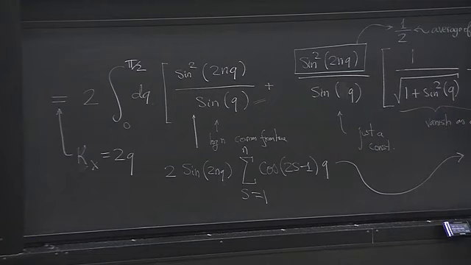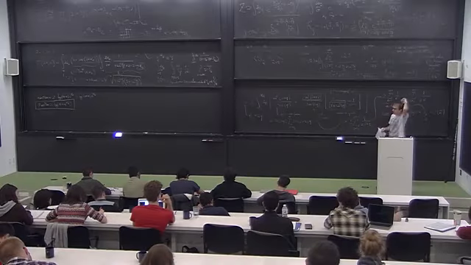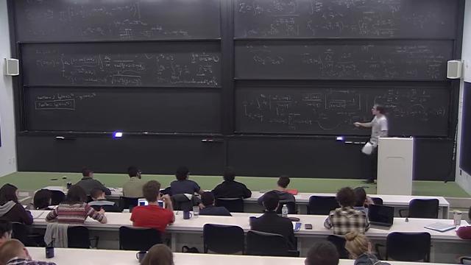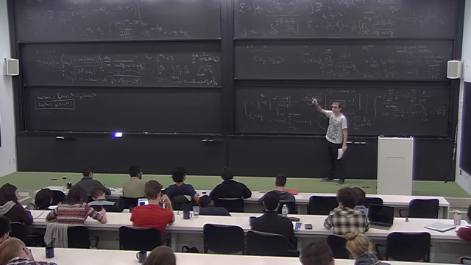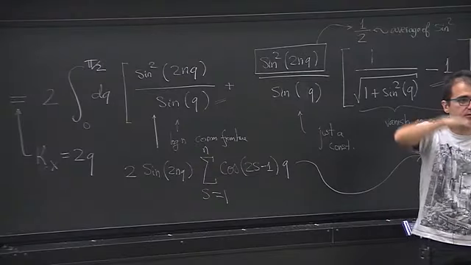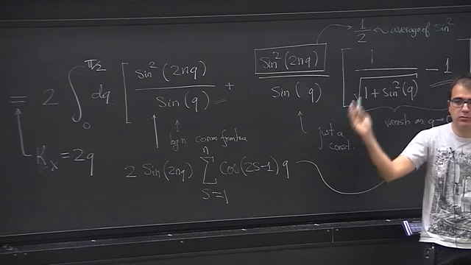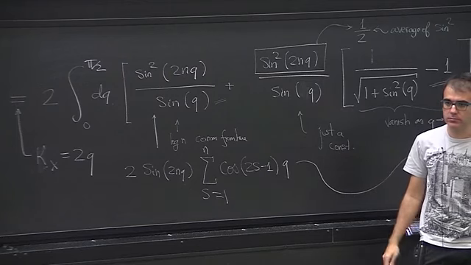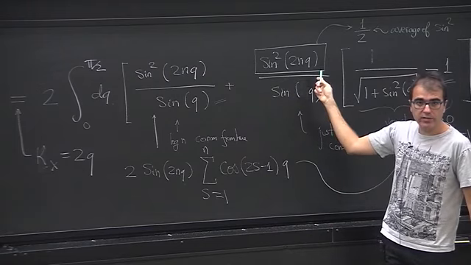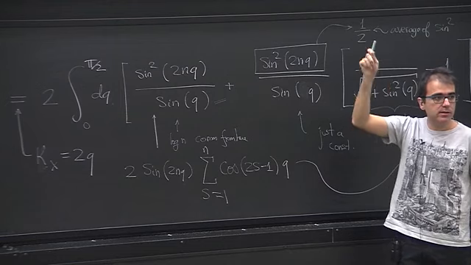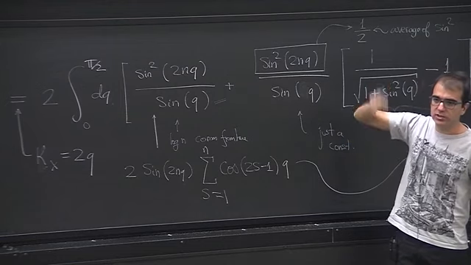The function oscillates a lot, and therefore it's a very good approximation to just replace it by its average. In other words, if I write this as 1/2, which is the average, plus fluctuations, then the fluctuations would have both positive and negative sign, and they would be washed out. Again, this is equal to 1/2 plus something with both signs, and because it oscillates very fast, it just cancels out.